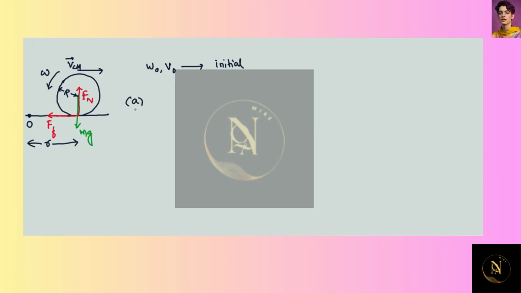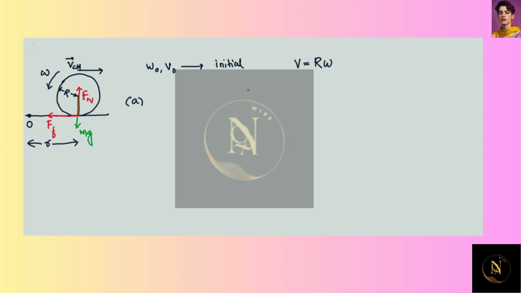So before doing the parts of the problem, let me remind you that for a complete rolling motion, we can write the velocity of the center of mass to be equal to the radius of the ball times the angular velocity. And this is only valid when the motion is completely rolling motion.